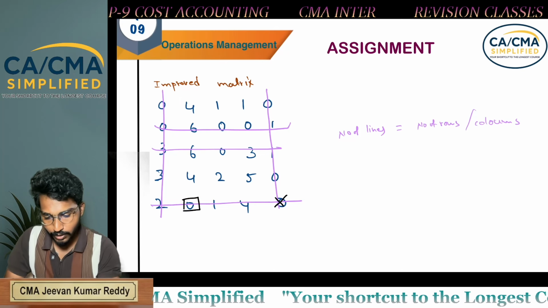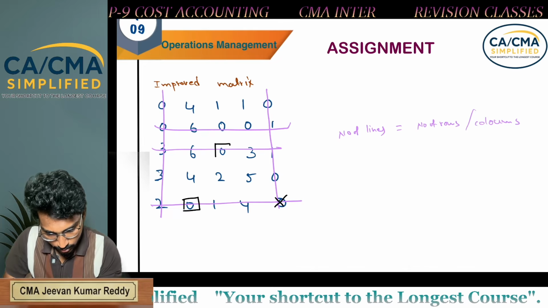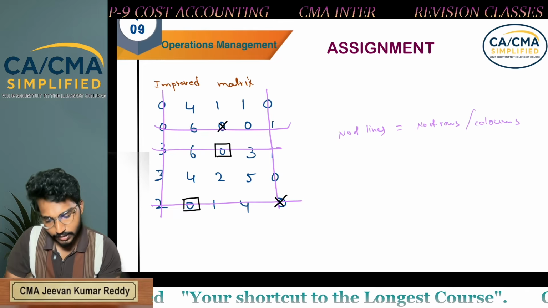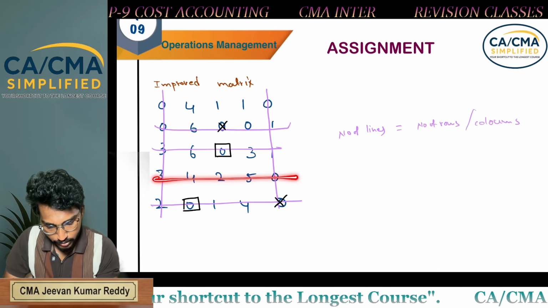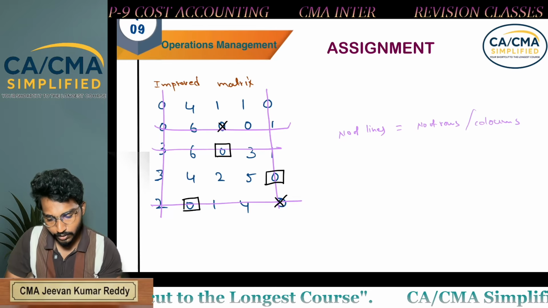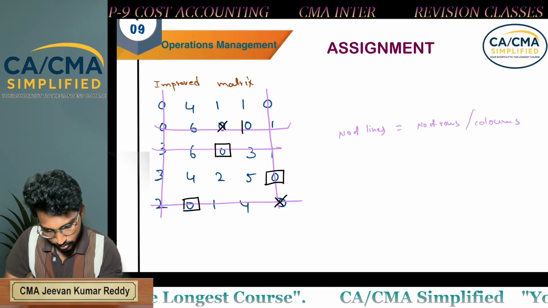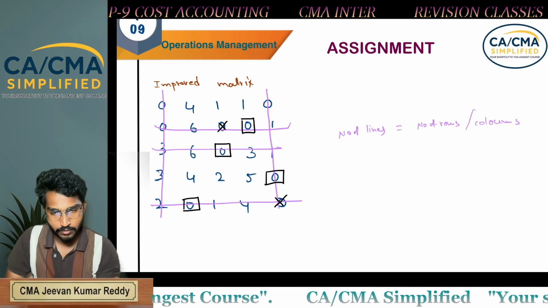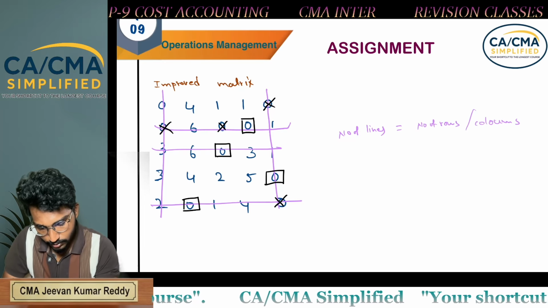Next, if you see here a single zero is there, cancel the others. Next, in this particular row a single zero is there, select it. Next, in this row and this column a single zero is there, cancel this.